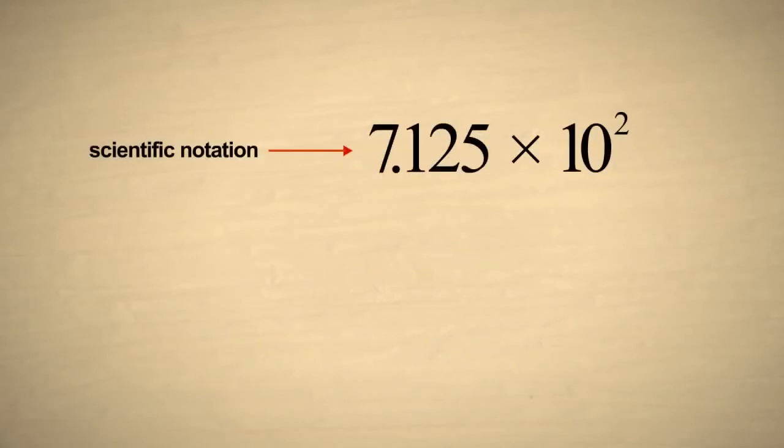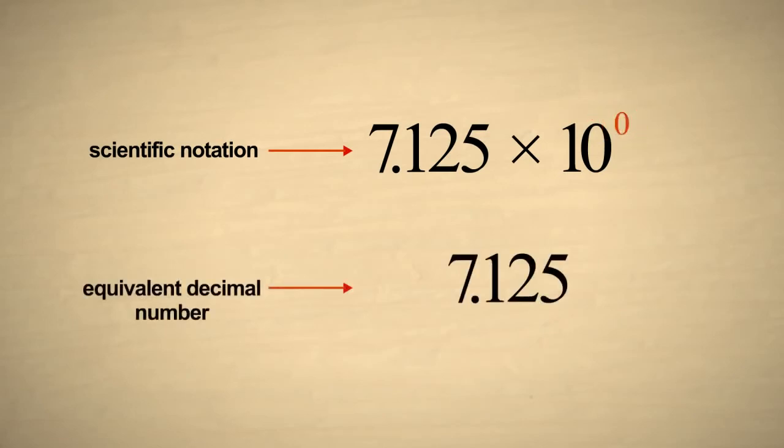To convert a number written in scientific notation to a standard decimal number, we simply multiply the first part times the second part. This moves the decimal point to the proper position in the number. If the exponent of the multiplier is 0, the decimal point does not move, since multiplying by 10 to the 0 power is the same as multiplying by 1.